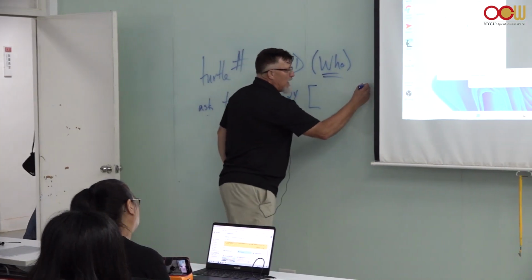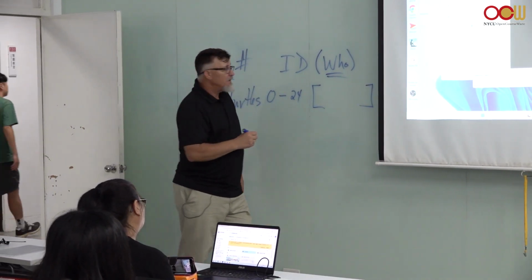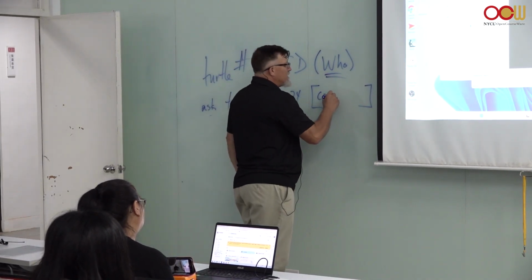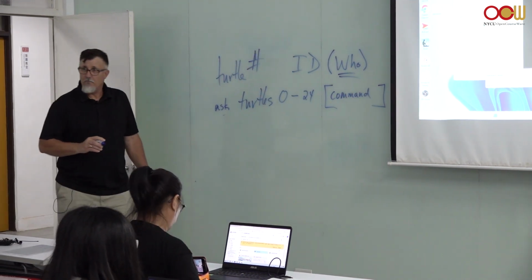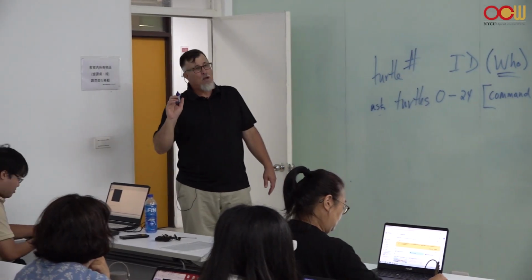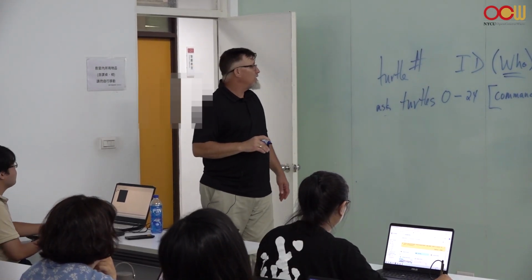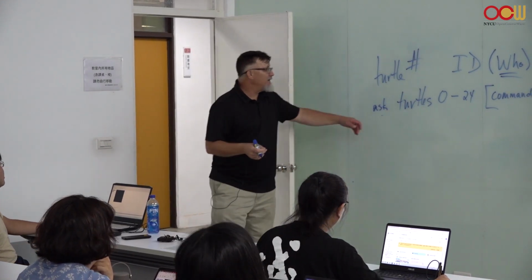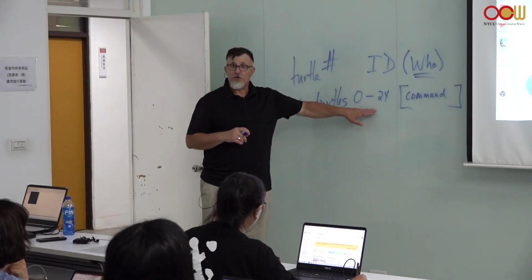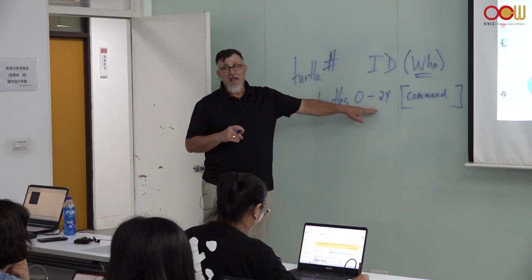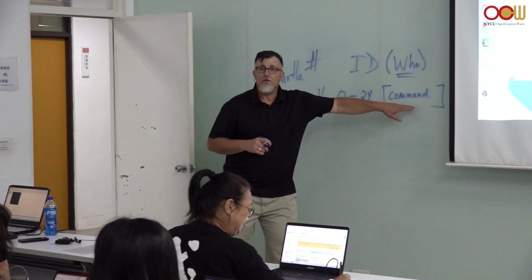So in this block here is the command. Right? And what's the command? Remember, we're using pseudocode, right? We're asking a number of turtles, specifically the first 25 turtles that were created in this world, to do what?